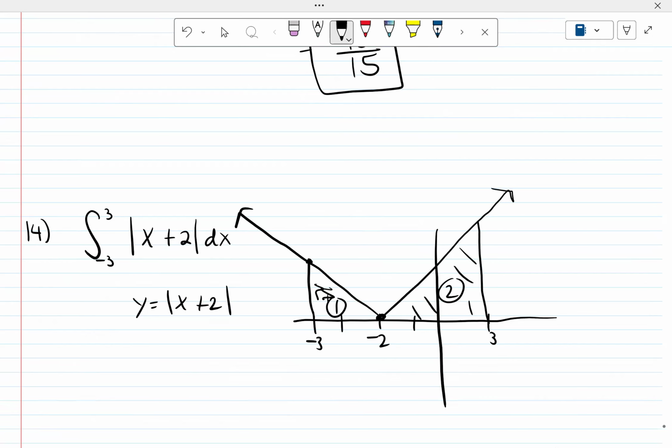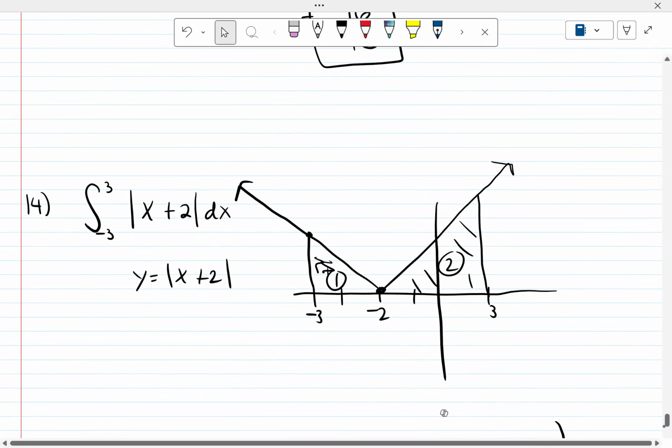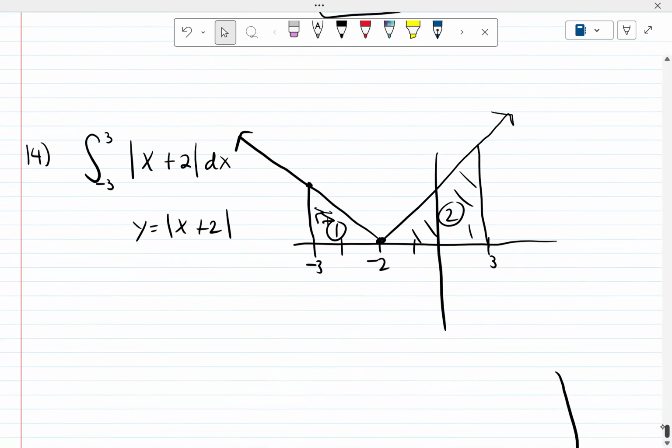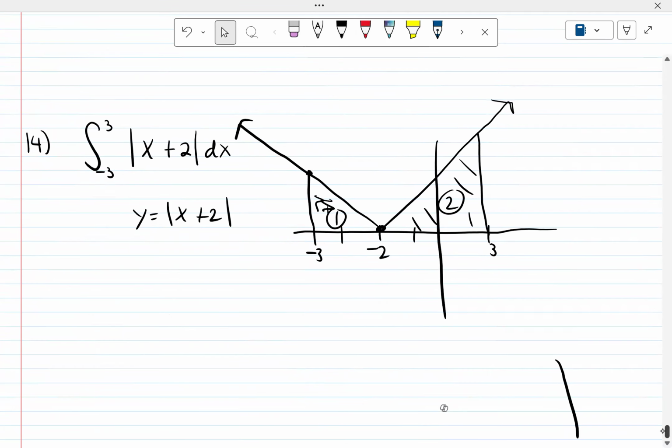So what is the shape? It is the shape of a triangle. So if you look at shape 1, it is a triangle. So what is the area of a triangle? It is 1/2 base times height, right? So it's going to be 1/2. The base is what is it going to be? Wait, let's first figure out what is the y value when you plug in -3.